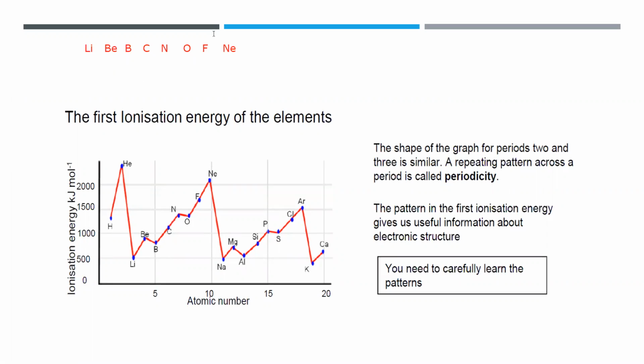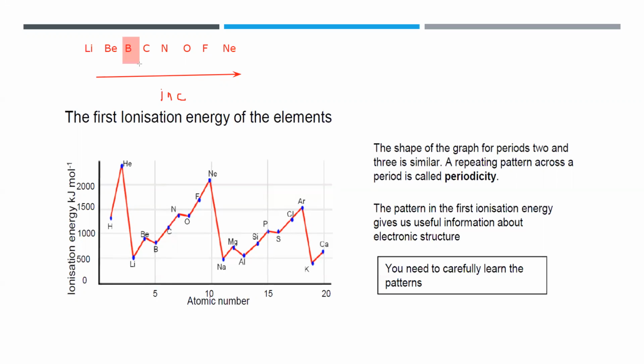As we move across the period, what is the general trend? The general trend is that ionization energy increases, or ionization energy should increase. But what we observe is that beryllium and boron are not following the same trend.